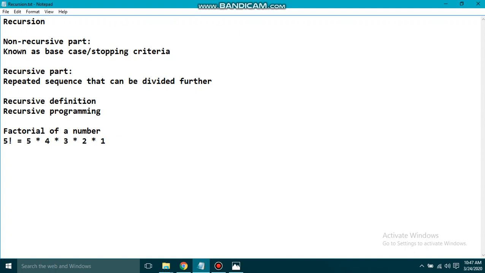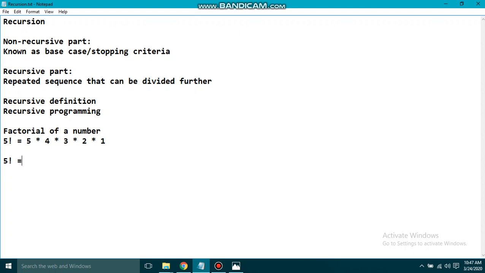This should be the answer of 5 factorial. Can you think about this problem in a recursive way? We can say this is a number into the factorial of another number, right? So can we write something like that?